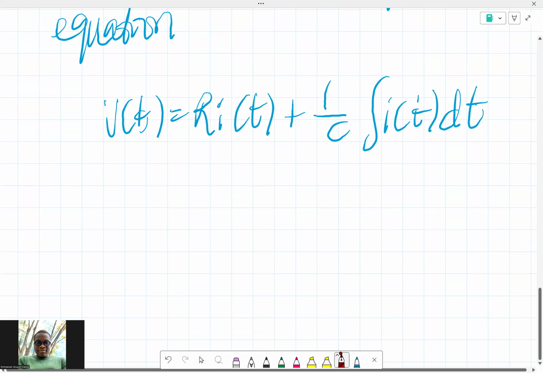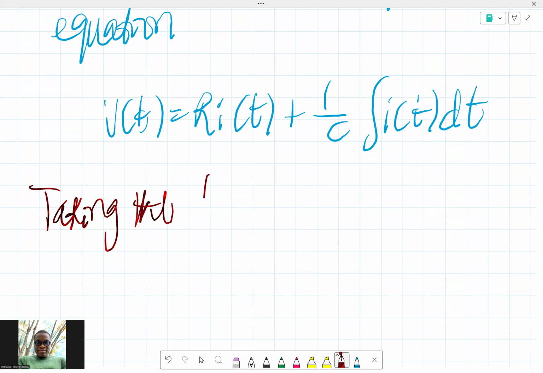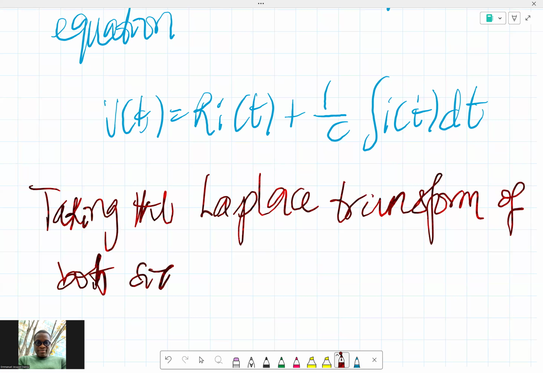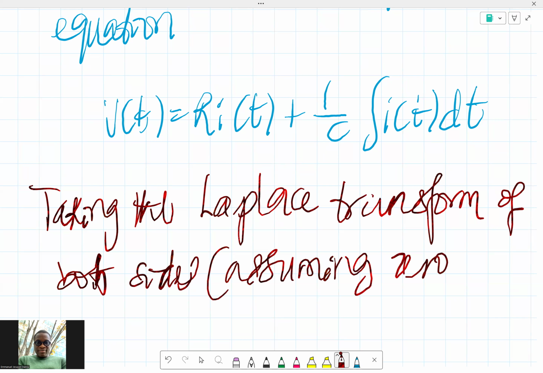So in this case, we take the Laplace transform of both sides, assuming zero initial conditions. So anywhere you see any initial condition, you just take it as zero.